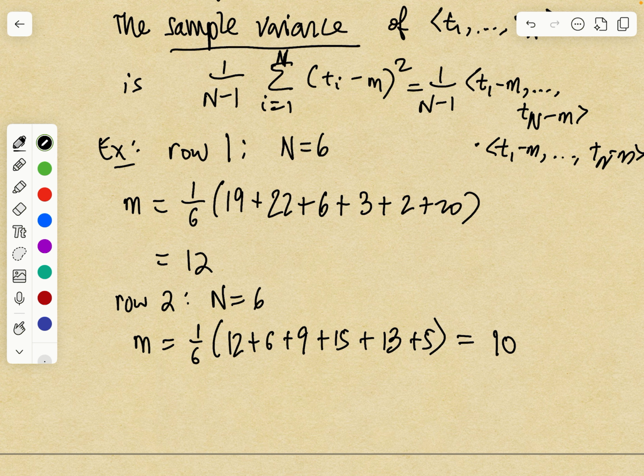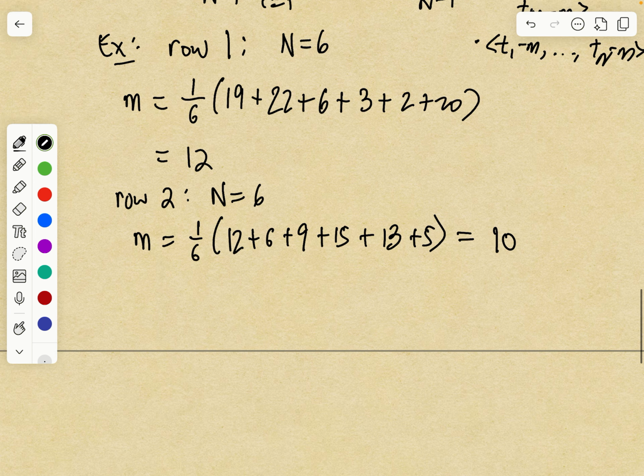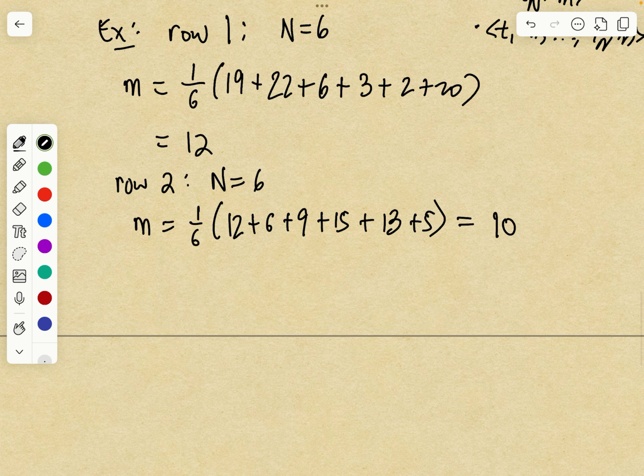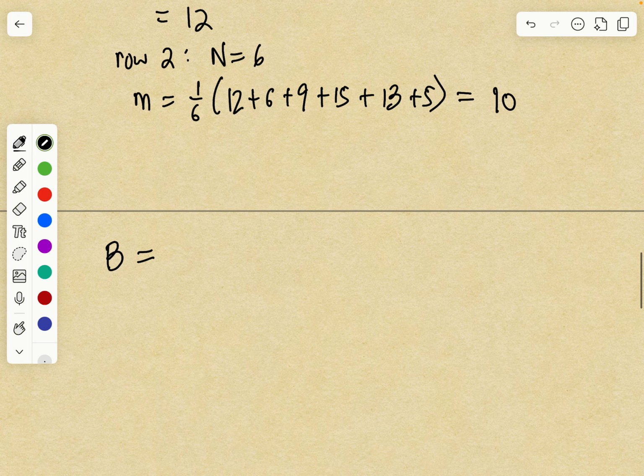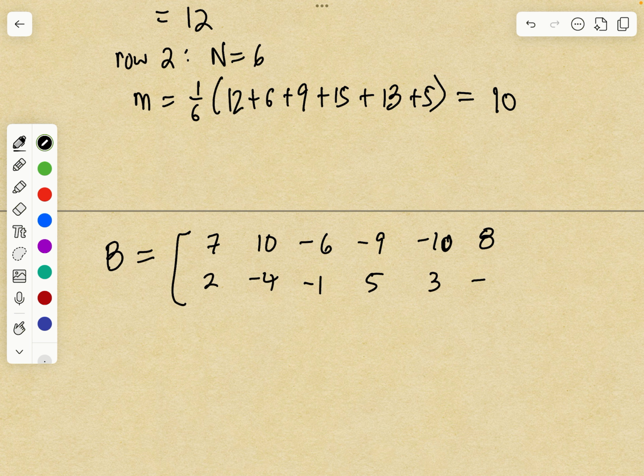And when I do that, I get these two vectors, which I'll call the matrix B. So I subtract 12 and 10 from the corresponding rows, and I get this matrix: 7, 10, negative 6, negative 9, negative 10, 8, and 2, negative 4, negative 1, 5, 3, negative 5.